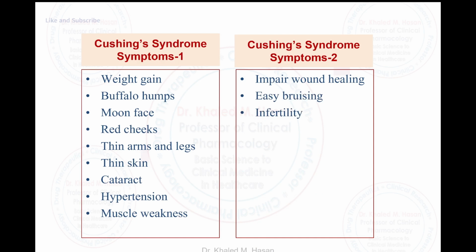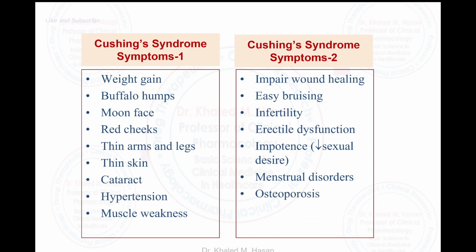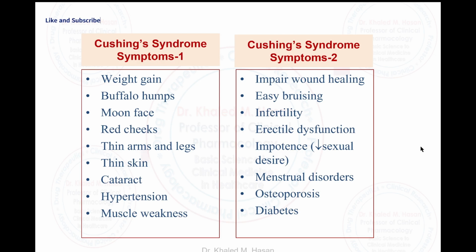In males, erectile dysfunction, impotence, decreased libido and sexual desire. In females, menstrual disorders. Also osteoporosis and diabetes. All these are considered Cushing syndrome side effects, and you can see all these symptoms when you prescribe cortisone to your patient too.